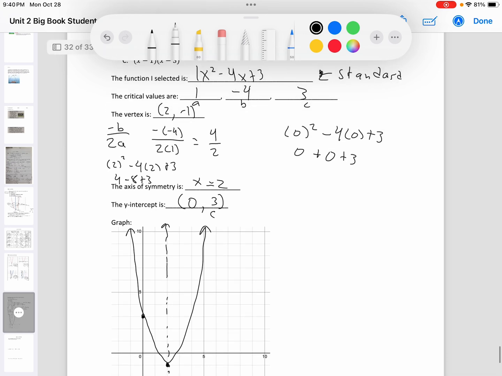What you may notice is that we get the same vertex, the same axis of symmetry, the same y-intercept, and therefore the same graph as we had from the other form. So this is actually the same function, it's just a different form. This is why you don't need to do all three of them. They are just three different versions of the same function, but I will go through the last one if you would like to see it for more practice. So again, make sure you pause the video before I erase and go on to the next form.